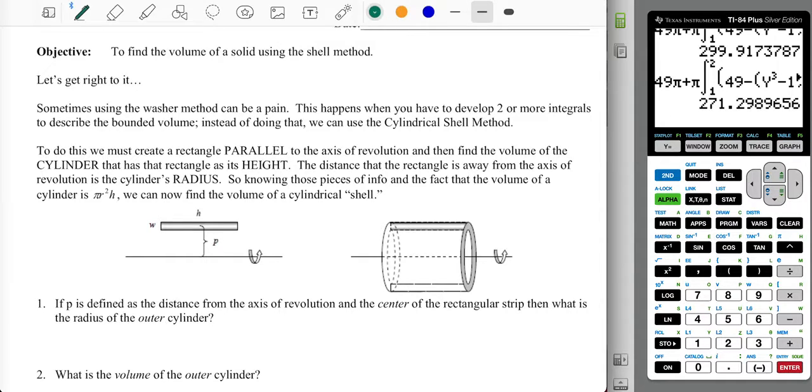The idea here is that we're going to take rectangles that are parallel to the axis of revolution and spin them around the axis, and that's going to create, you guessed it, a cylindrical shell, or the shell of a cylinder.